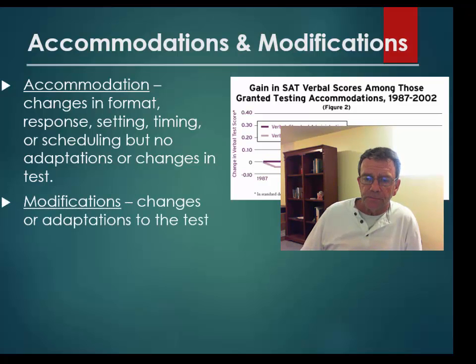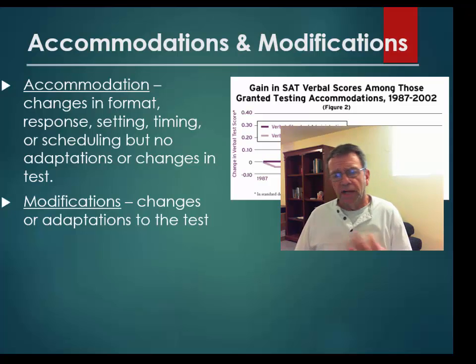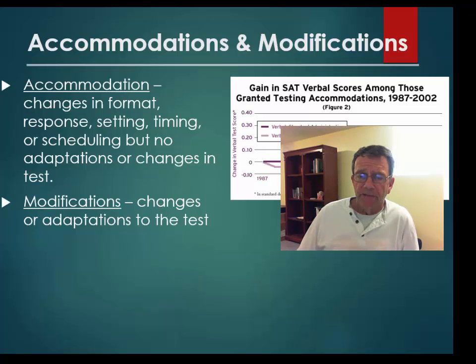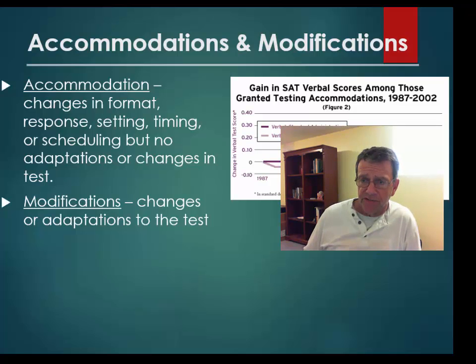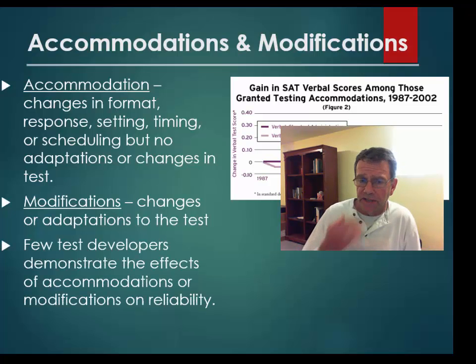So again, just to review, accommodations are changes in format, response, setting, timing, or scheduling, but no adaptations or changes to the test itself. So it's giving kids extra time, a separate location, but it's not changing the test. A modification is actual changes to the test, doing half of them or doing a different test altogether.